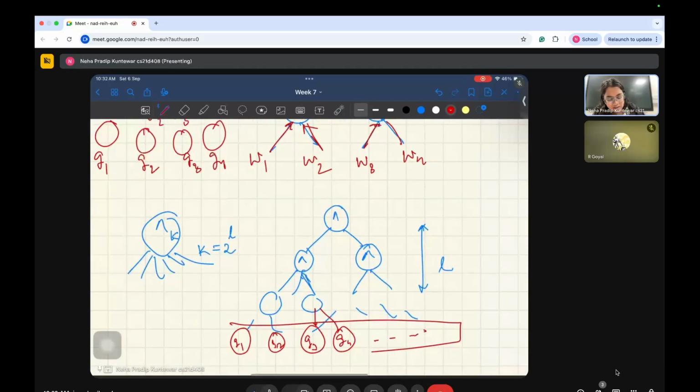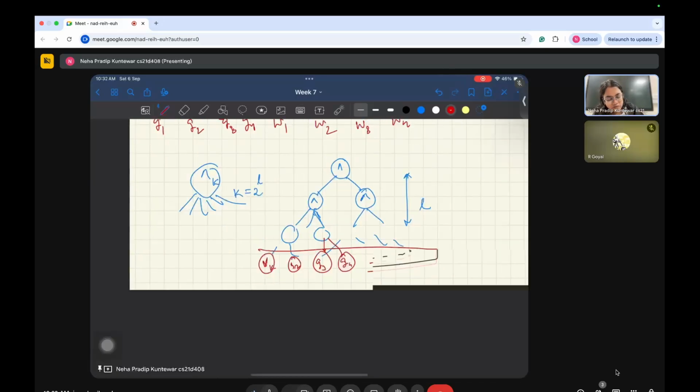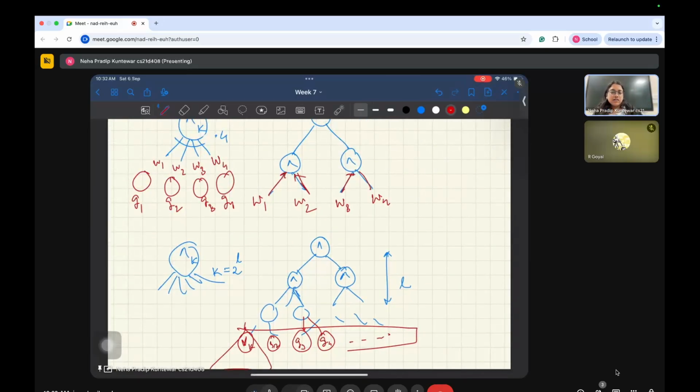It could happen that G1 is an OR gate computing an OR of k variables. Then we will replicate that tree again with a depth of l, and we will continue. So it's an iterative process.